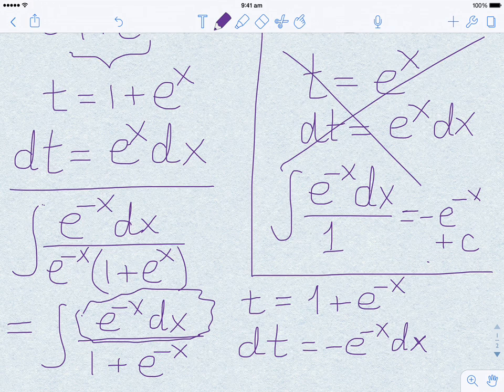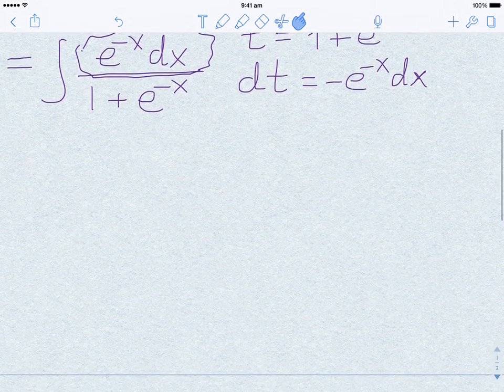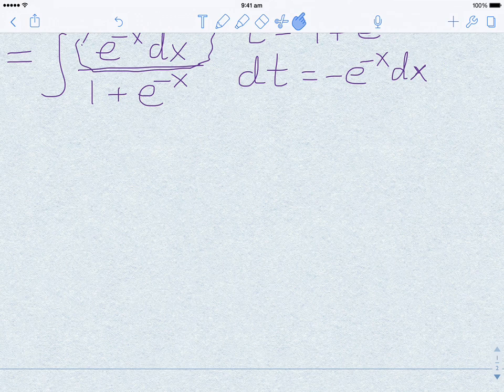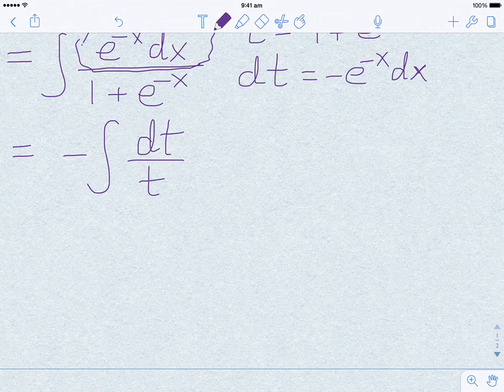If we allow ourselves to forget the minus sign, which we can anyway pull in, then this integral is equal to minus the integral of dt by t, which is now a well-known integral.